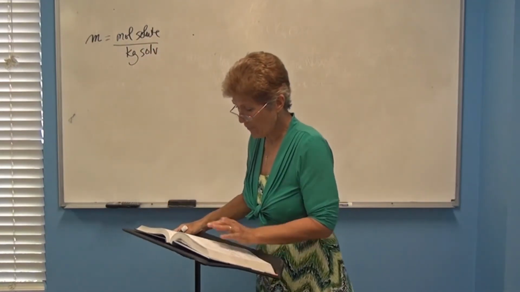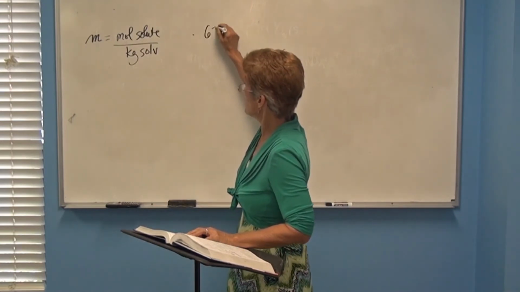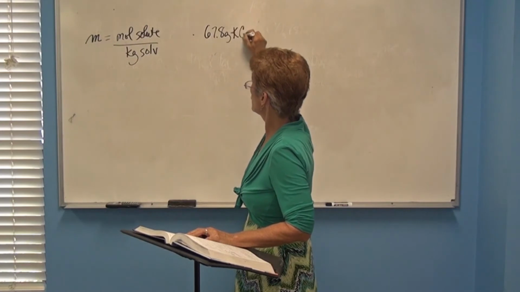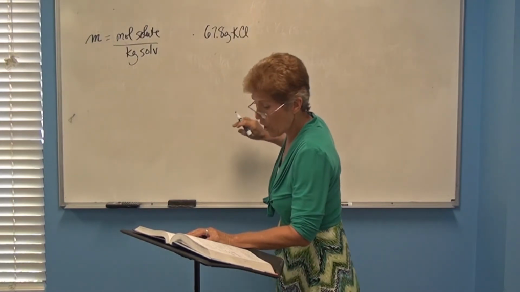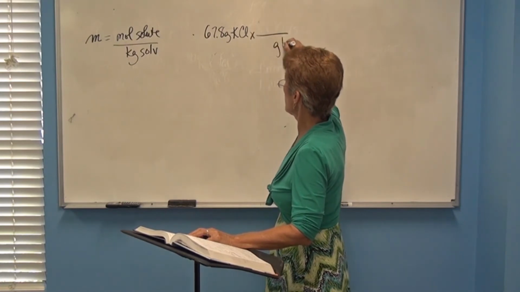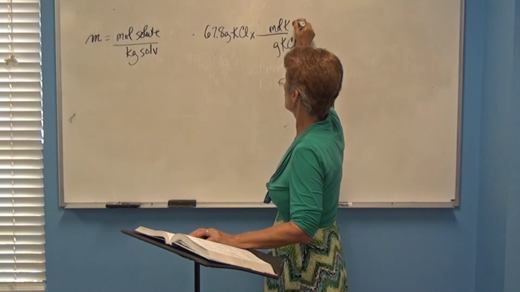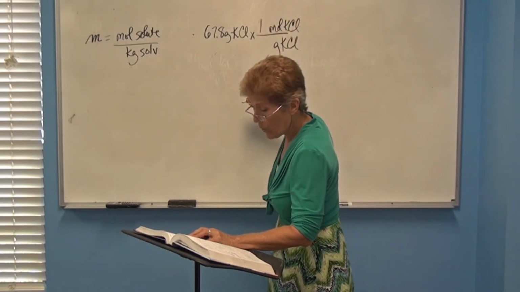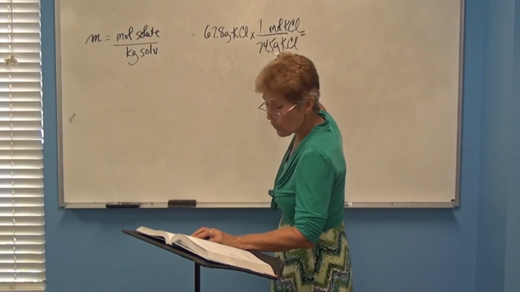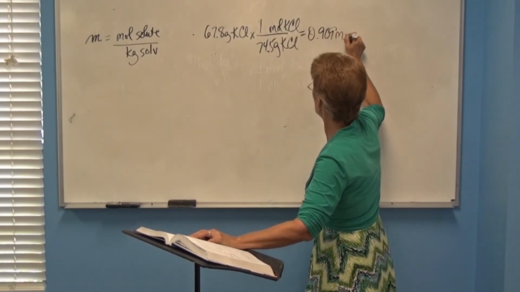With the information given, we have 67.8 grams of potassium chloride, which is going to be the solute, and so we're going to take that to moles. Grams of potassium chloride, moles of potassium chloride. 1 mole is 74.5 grams, which equals 0.909 moles.